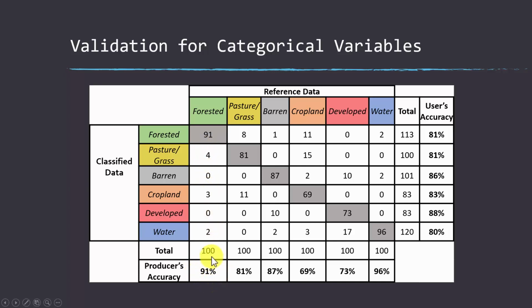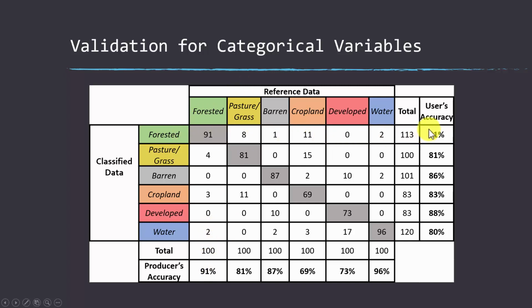So again, producer's accuracy is your omission error. Whereas if you look across the rows and a user's accuracy, that's your commission error, right? So these samples were incorrectly included into the forest class. So they're, again, commission error. So producers down the column, omission error. Users across the row, commission error.